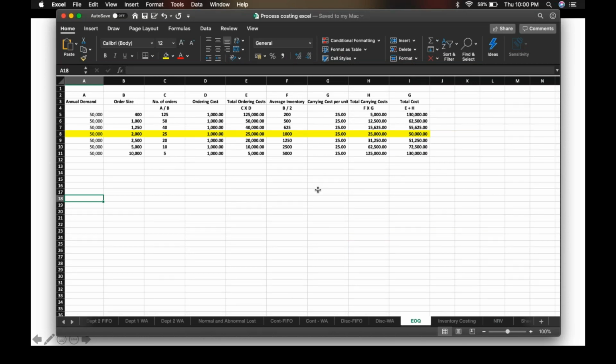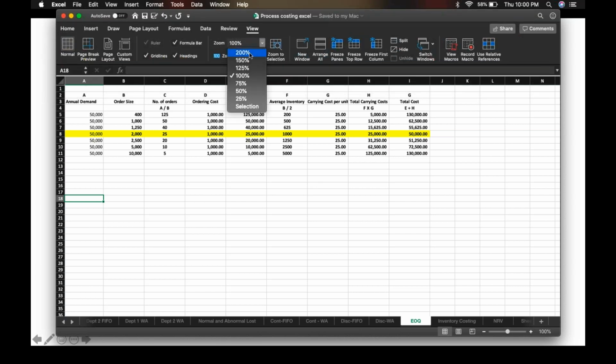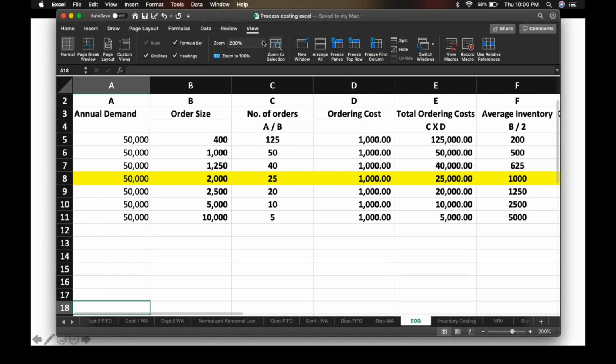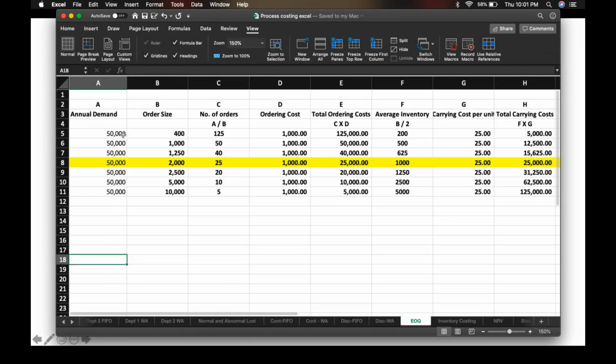Okay, say our annual demand is still 50,000, and we wanted to know whether the cost of carrying and ordering are at the lowest at EOQ.